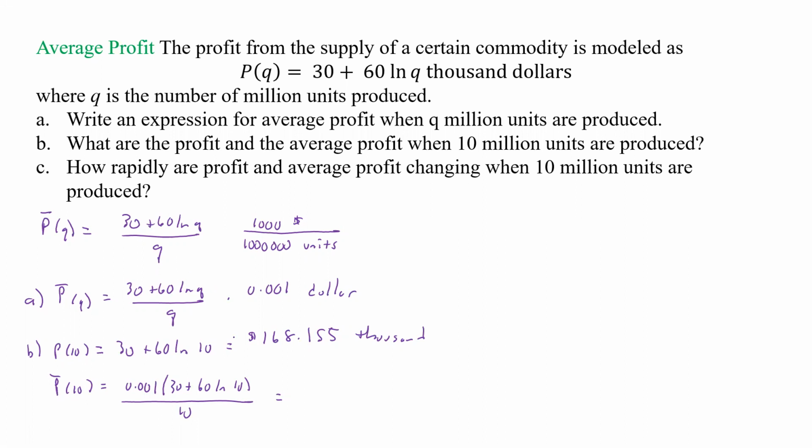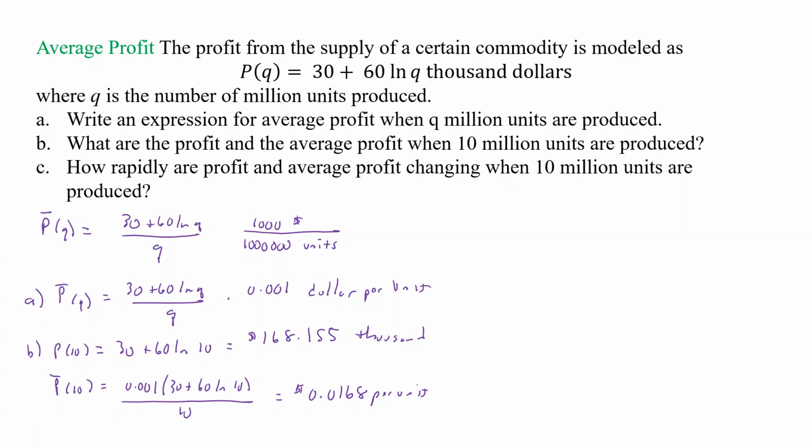And here we get 0.0168 dollars, and I guess it's per unit. Because average is going to be that many per whatever, 1 unit. Okay, so that is a per unit number there.